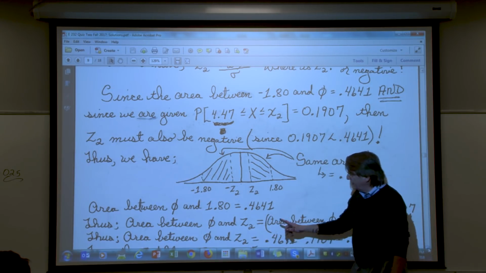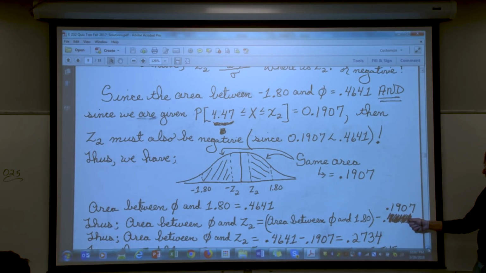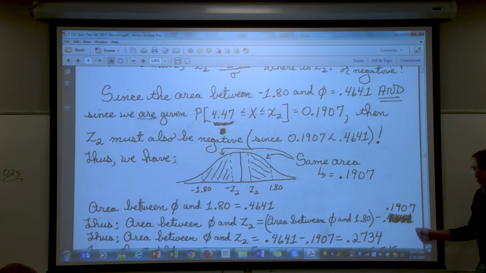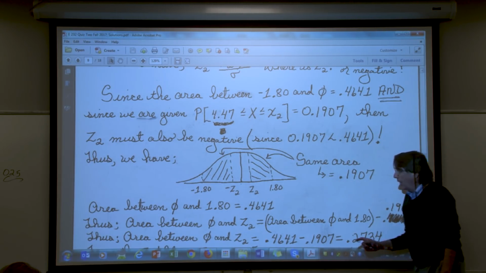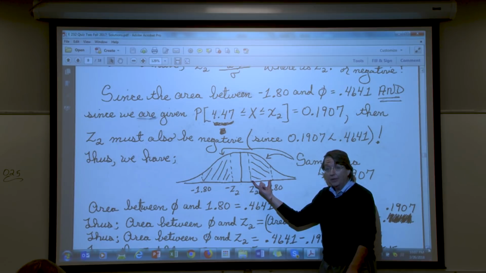The area between 0 and z2 is the area between 0 and 1.8 minus 0.1907. Does that make sense? I know that this area here is given as 0.1907.